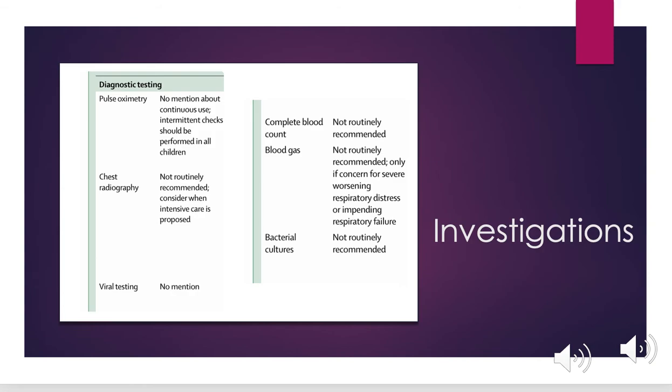A typical infant would present with predominantly respiratory symptoms, and hence one might think about chest radiography, blood cultures, full blood count, a blood gas, etc. Where the presentation is quite typical of acute bronchiolitis, actually none of these are indicated. And continuous use of pulse oximetry is perhaps not that helpful. Intermittent checks should be performed in all children. If the presentation is quite typical, there would not be any need for any more investigations.